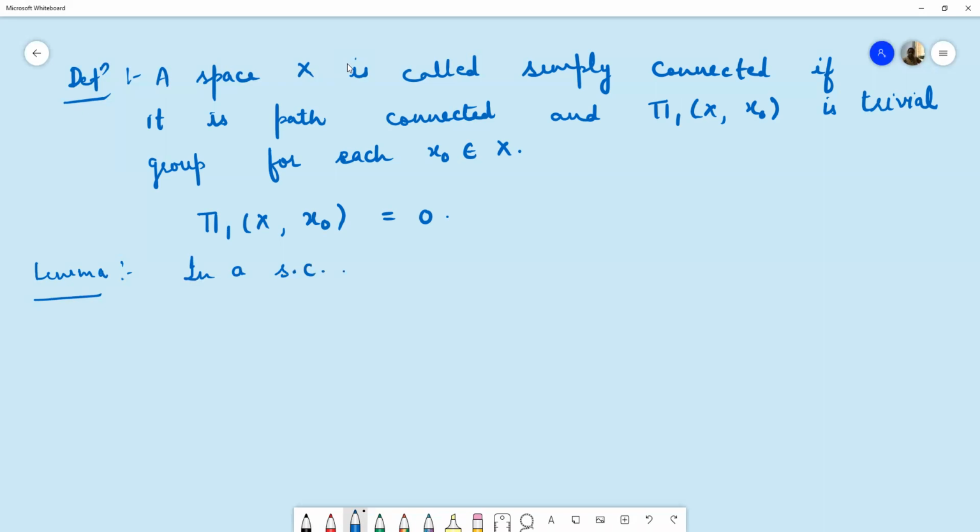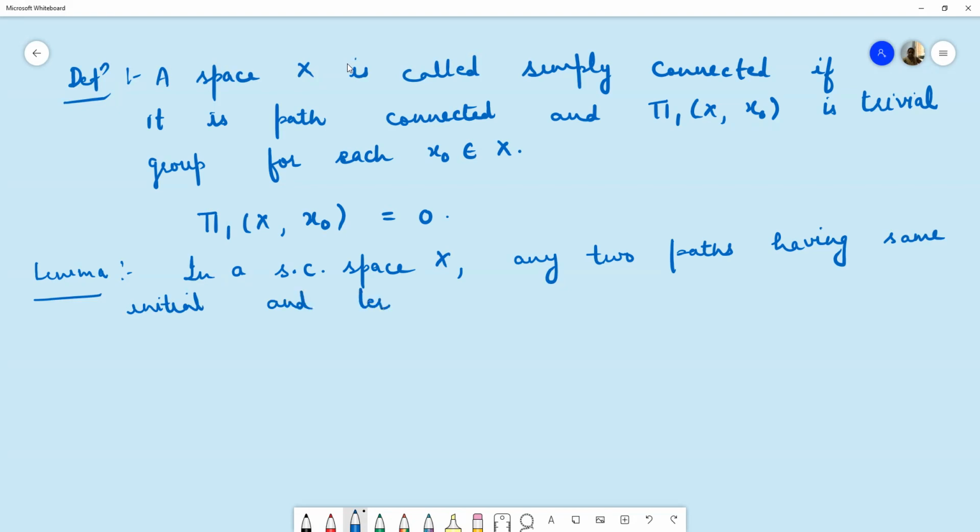In a simply connected space X, any two paths having the same initial and terminal points are homotopic to each other.